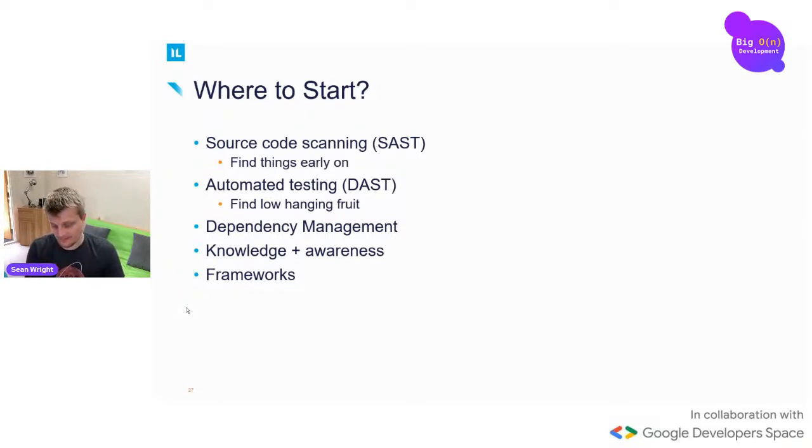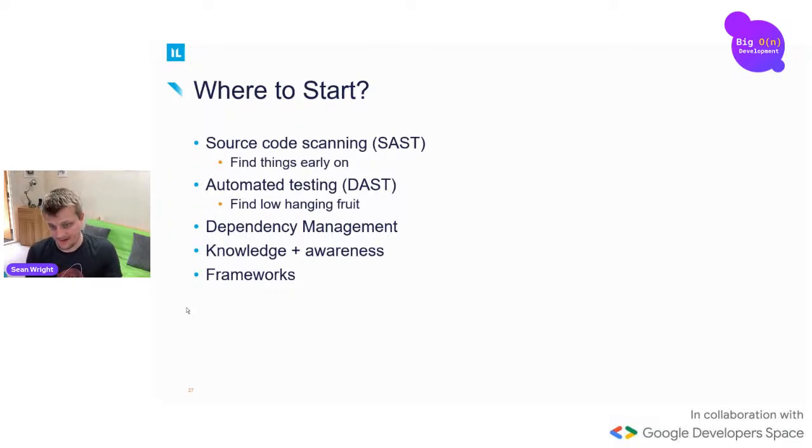That's a good win. It's going to find things that are pretty immediately obvious. Same as automated testing, so a dynamic scanner. This is testing the live running application. Again, it'll find low-hanging fruit. So things that are quick and easy to find, could have a high impact, and should be relatively easy to fix.